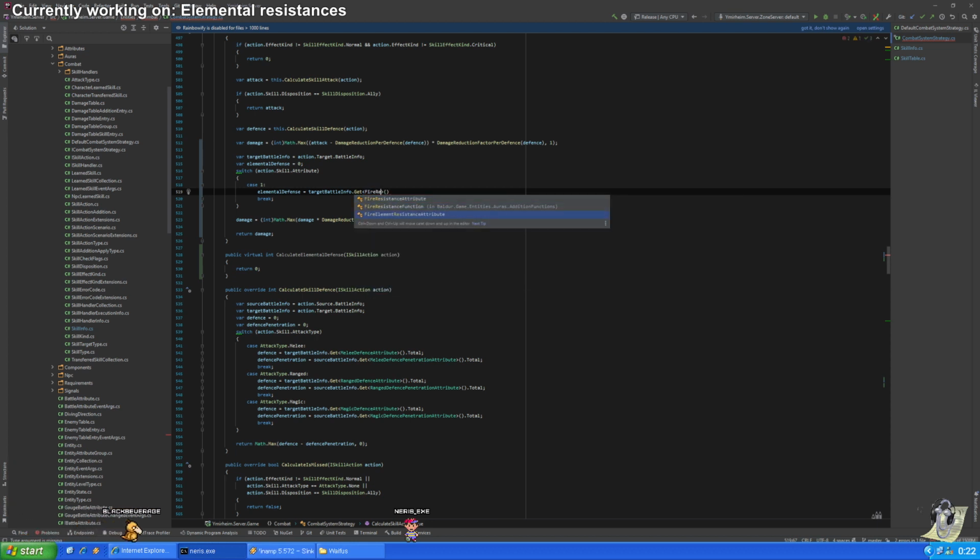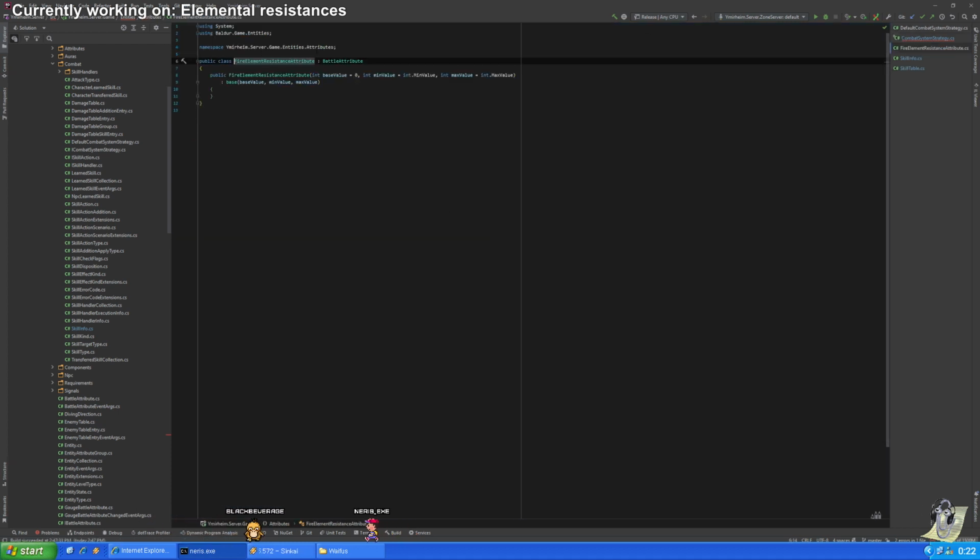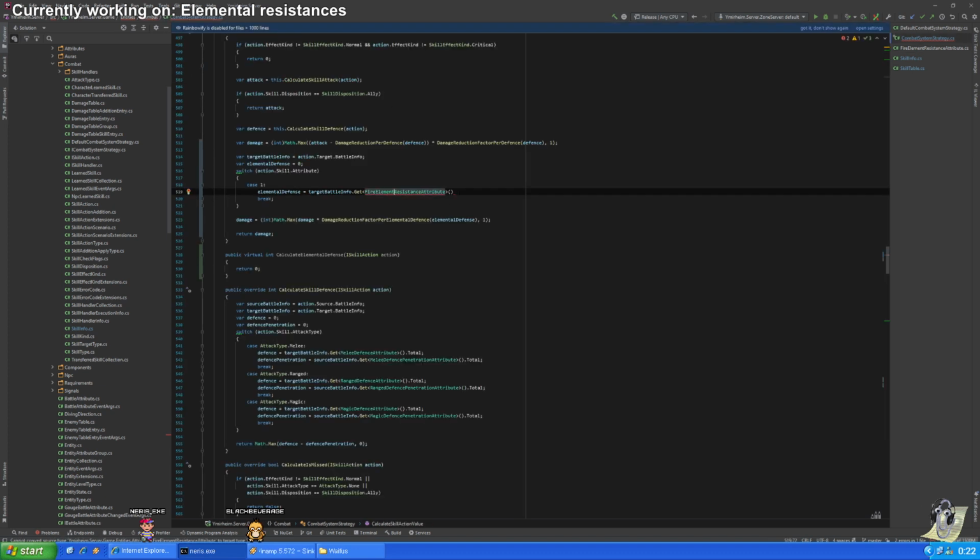No, fire element resistance attribute. Right? Yeah, this one. And this one. Yeah, this can be negative as well. I need to keep that in mind. Total.